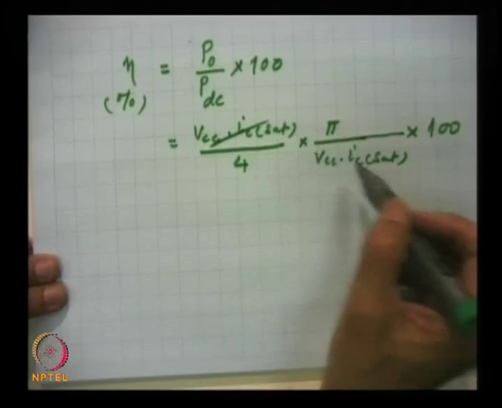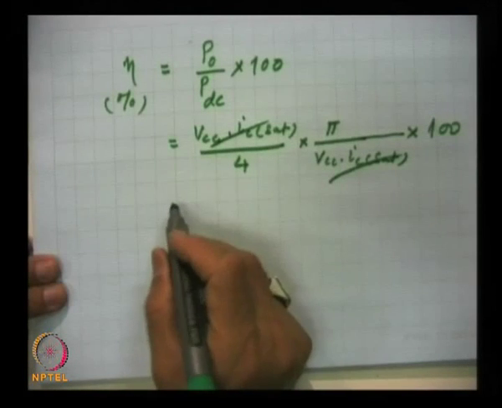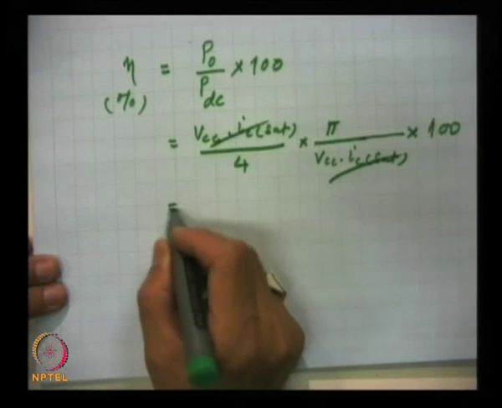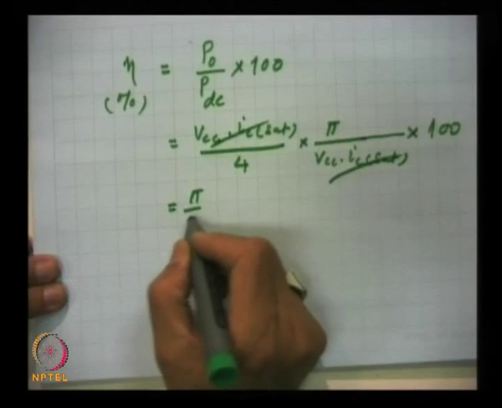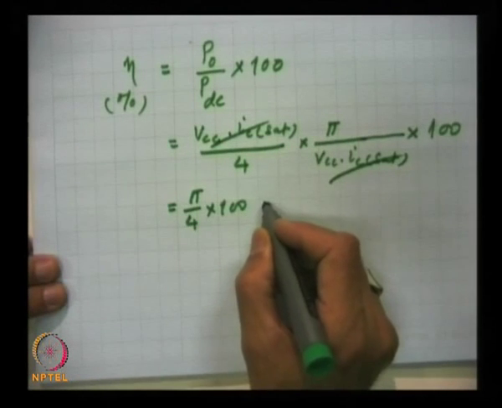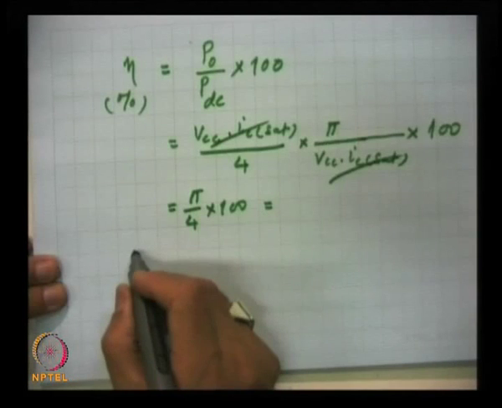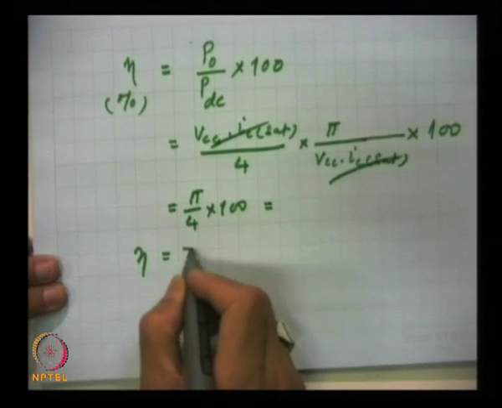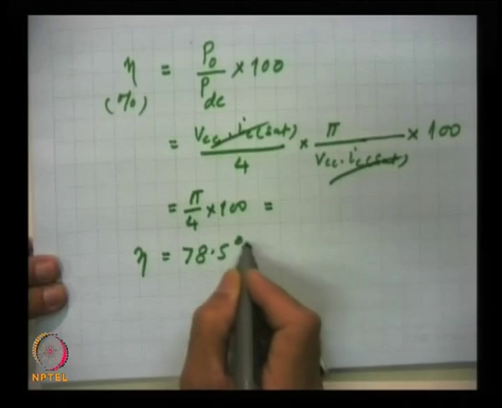So, they cancel and we are left with pi by 4 into 100, and eta comes out to be 78.5%.